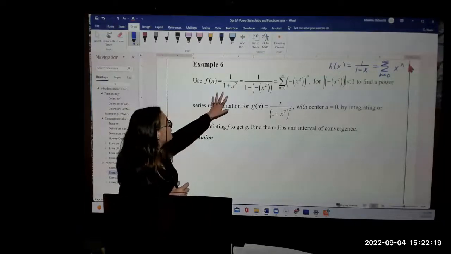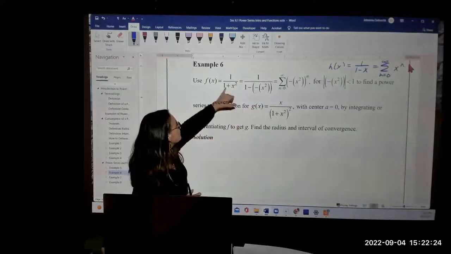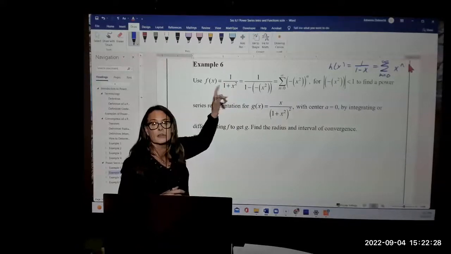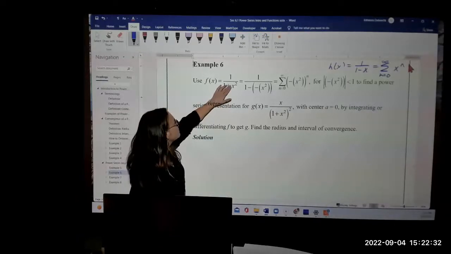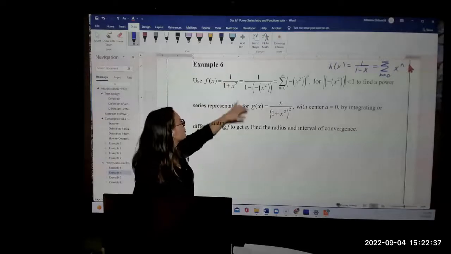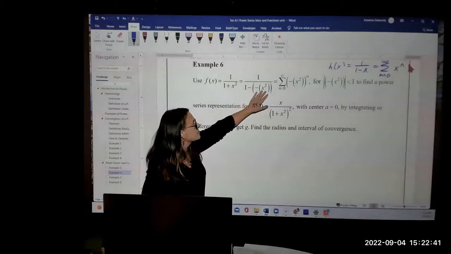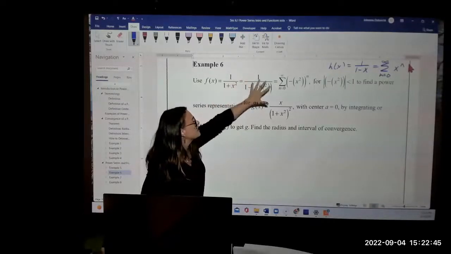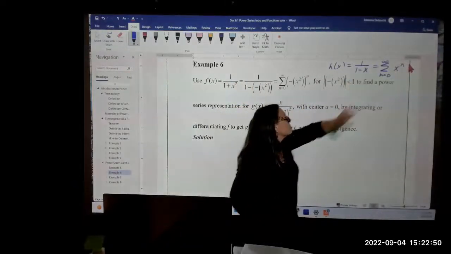So what we try to do is we try to make this one match that pattern. The first thing you have to do is make sure that the constant in the denominator is a 1. If it's not a 1, divide by it. Then we have to make sure that we are subtracting the variable term. So instead of writing plus x squared, I write minus a negative x squared. That then puts it in this 1 over 1 minus something with the variable pattern that we see up here in blue.